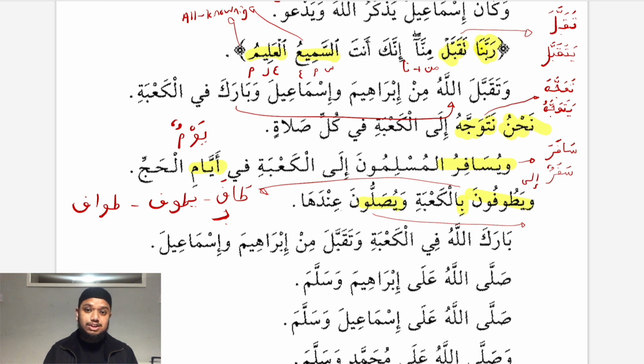صلى يصلي means to pray salah. صلى is the ماضي. يصلي is the مضارع. Do note, using certain harf jar, certain preposition changes the meaning of certain verbs. So if we say صليت العصر, I prayed Asr salah.